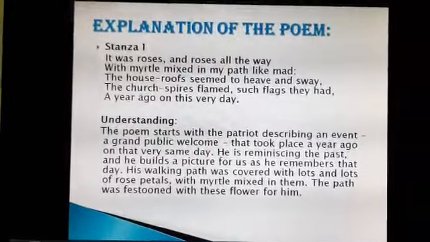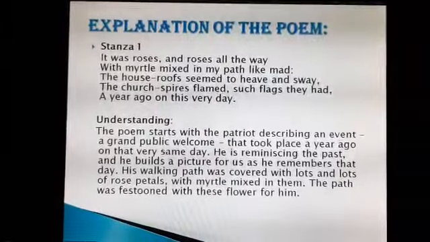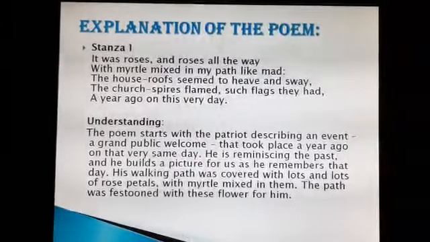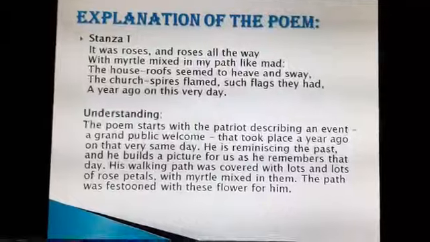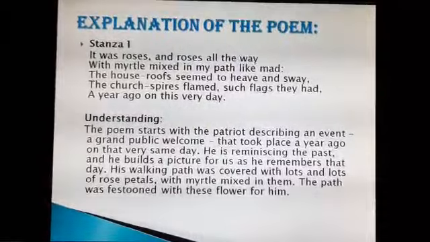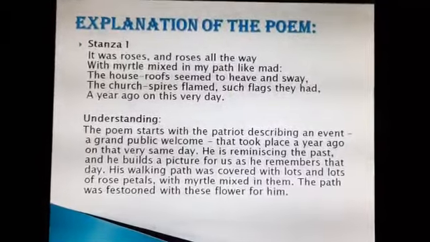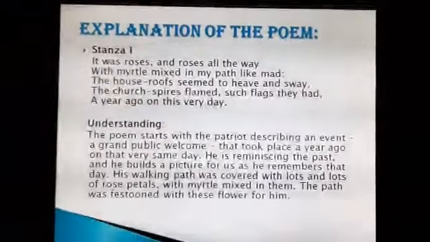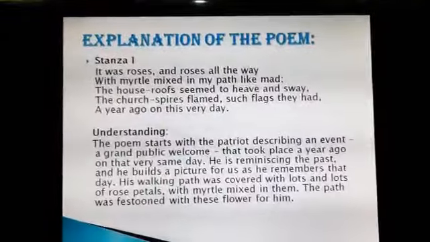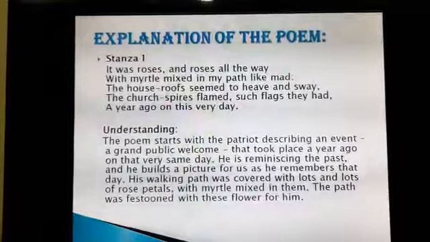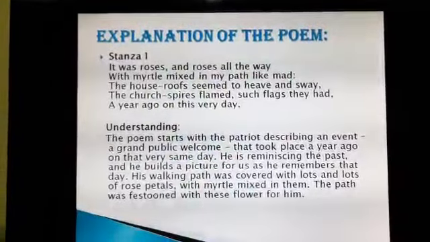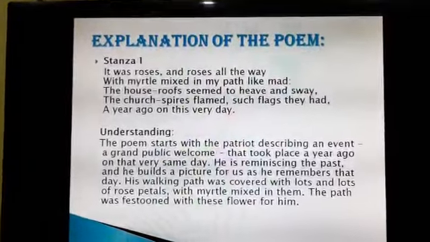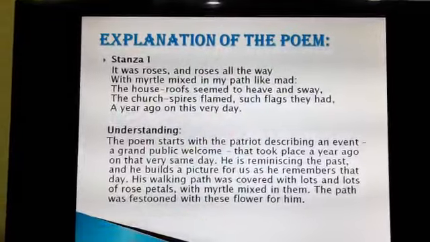Understanding of this stanza. The poem starts with the patriot describing an event, a grand public welcome which he received a year ago on the same day, that is the present day. He is reminiscing the past, that is, he is remembering the past, and he builds a picture for us as he remembers that day.